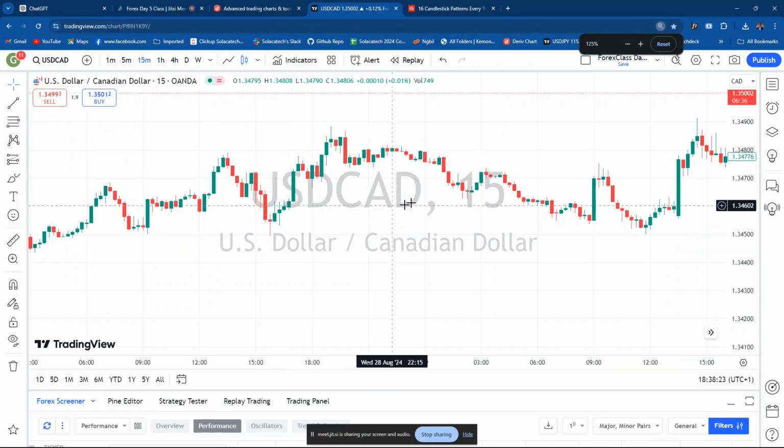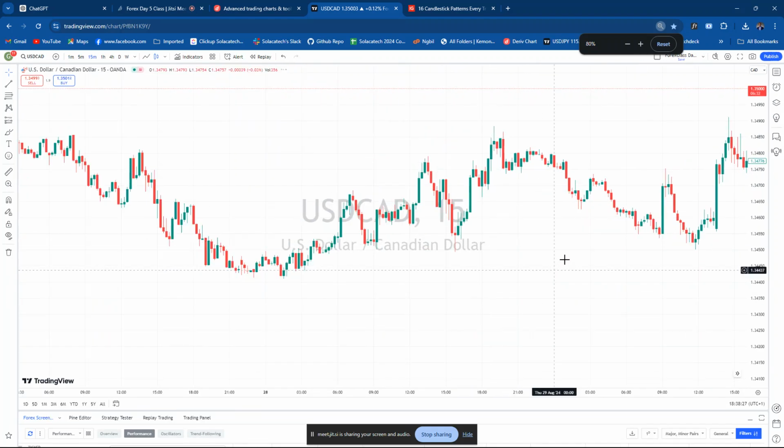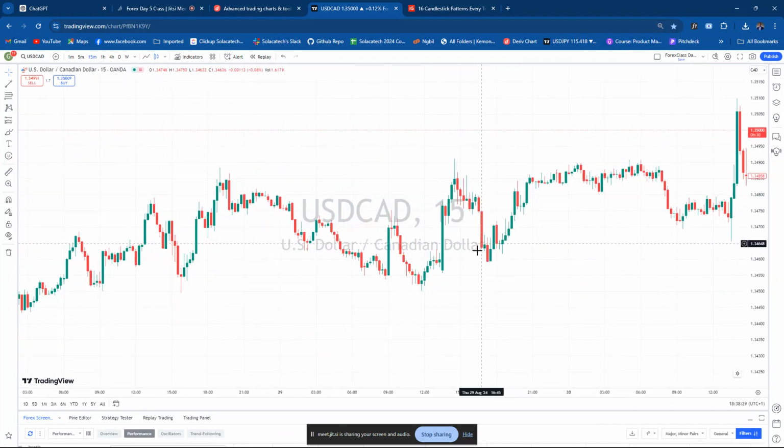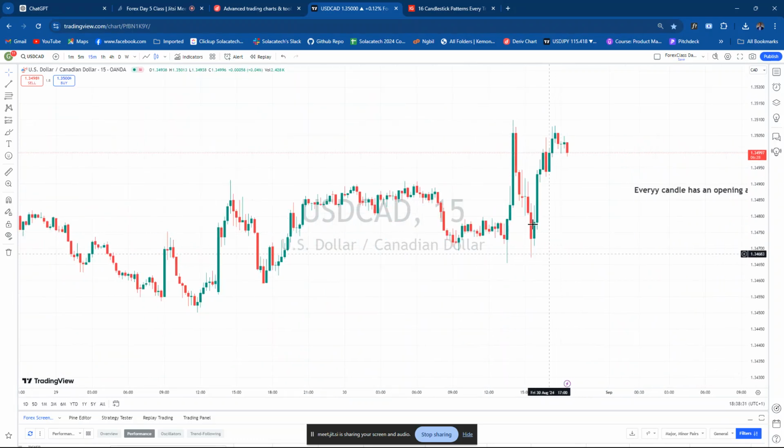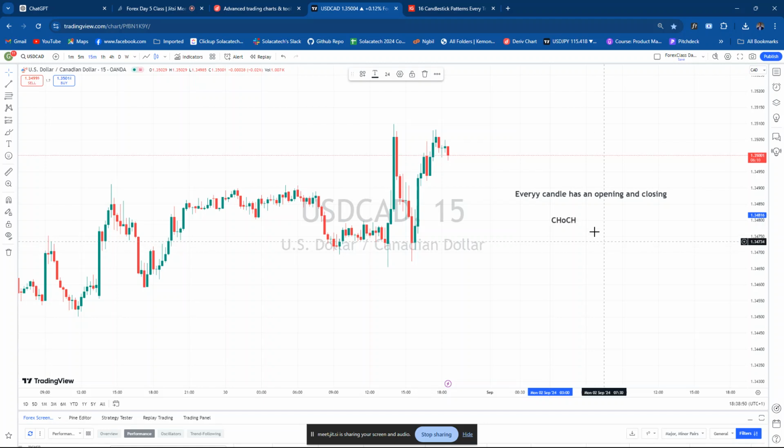Now, when we're trading candlesticks, there is always a particular notion. They tell you that whenever you see a candle closing with a hammer, it always shows a reversal of movement. In technical analysis, we call it a change of character.